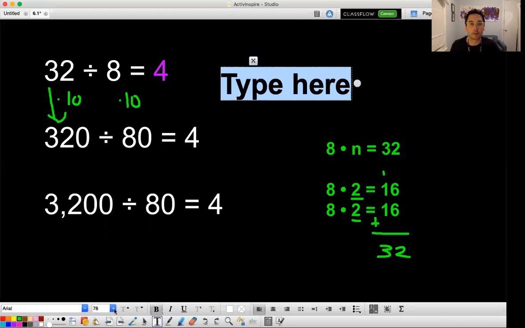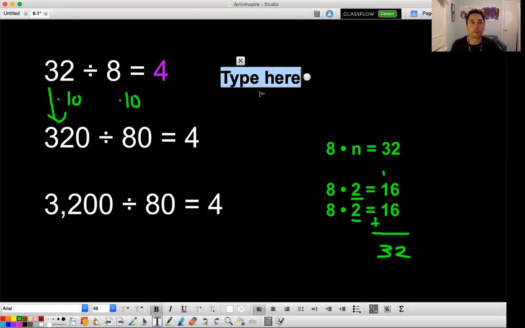This might be clearer if we think about it like multiplication. Let's take this fact family and do 8 times 4 equals 32. The extended fact of that could be 80 times 4.